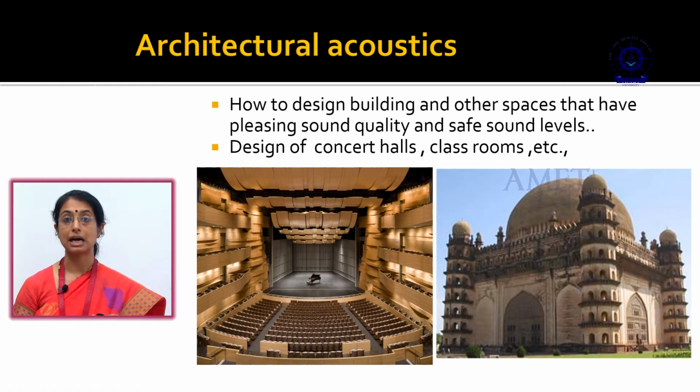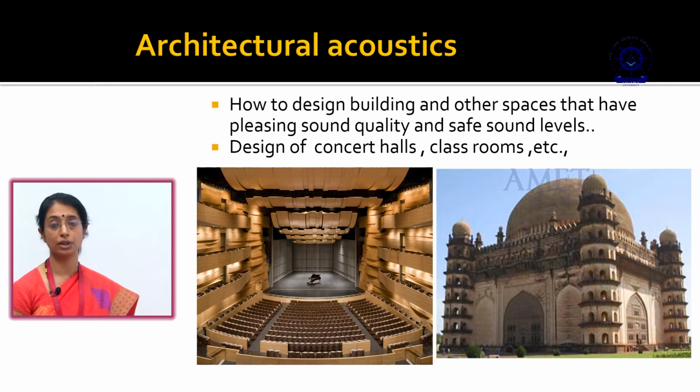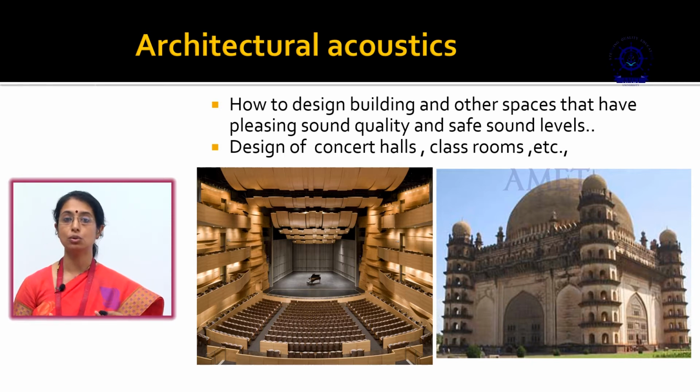The next one is architectural acoustics. In designing any architecture, let it be a classroom, an auditorium, or a monument of historical value, sound quality plays a very significant factor. For example, in designing an auditorium or a concert hall, we need to look into how the sound is being reflected, how it is transmitted, and how it is absorbed, so that the quality of the sound is enhanced and the singer's or performer's voice is heard throughout the auditorium with complete clarity.